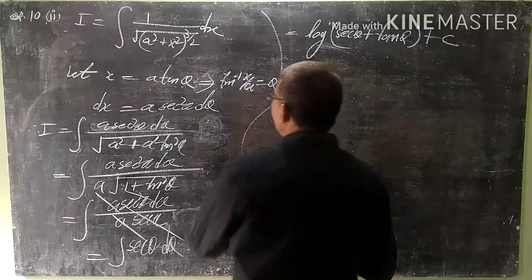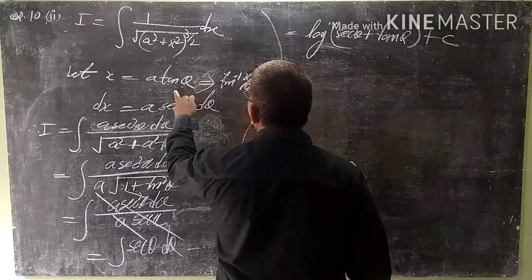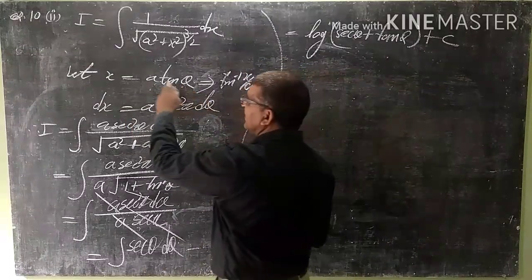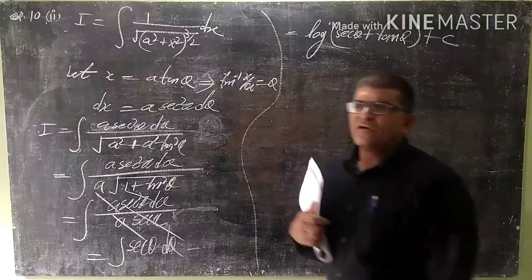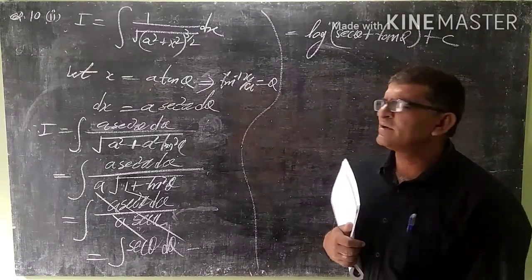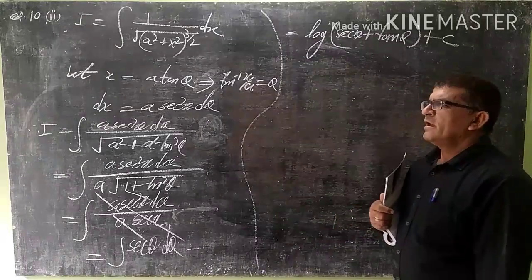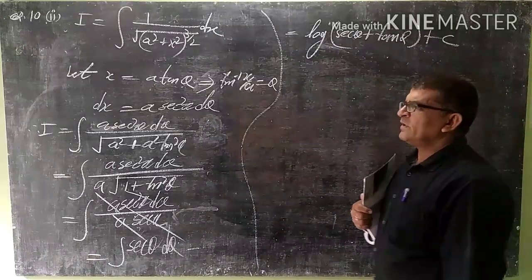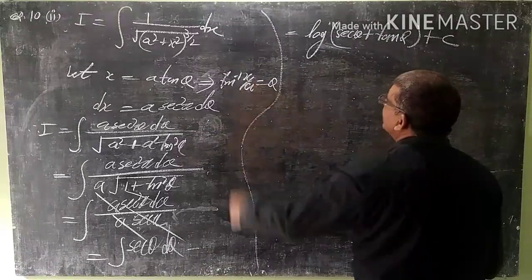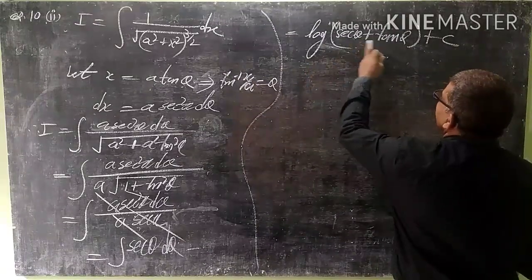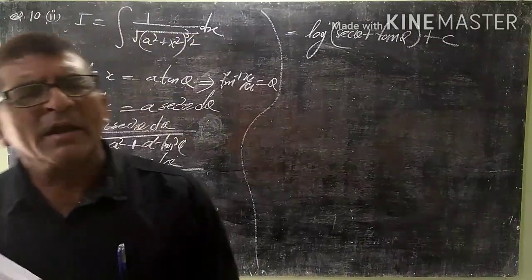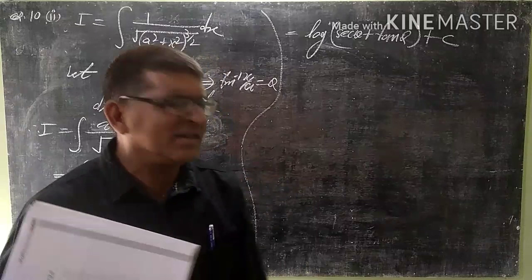Now you know very well that tan theta equal to x upon a, because here if we take tan theta, then x will be transferred to left hand side, a in denominator, and it will become x upon a. Then tan theta equal to x upon a, and sec theta also can be written in the form of tan theta.